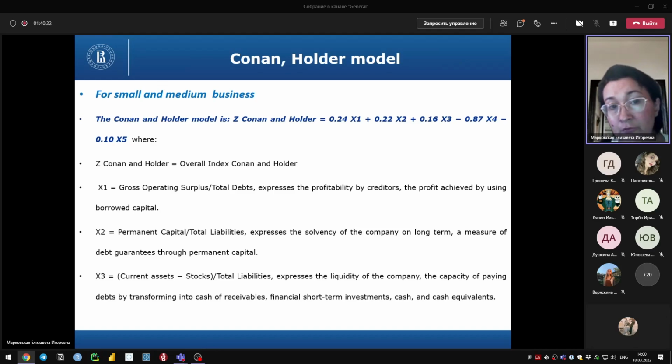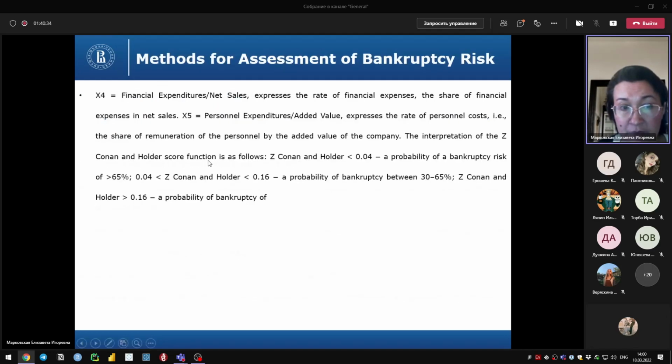The next model is called the Conan model. It's a model for small and medium business for predicting the bankruptcy in this type of companies. You may see the description of the elements of the model, and below you may see the interpretation of that score.